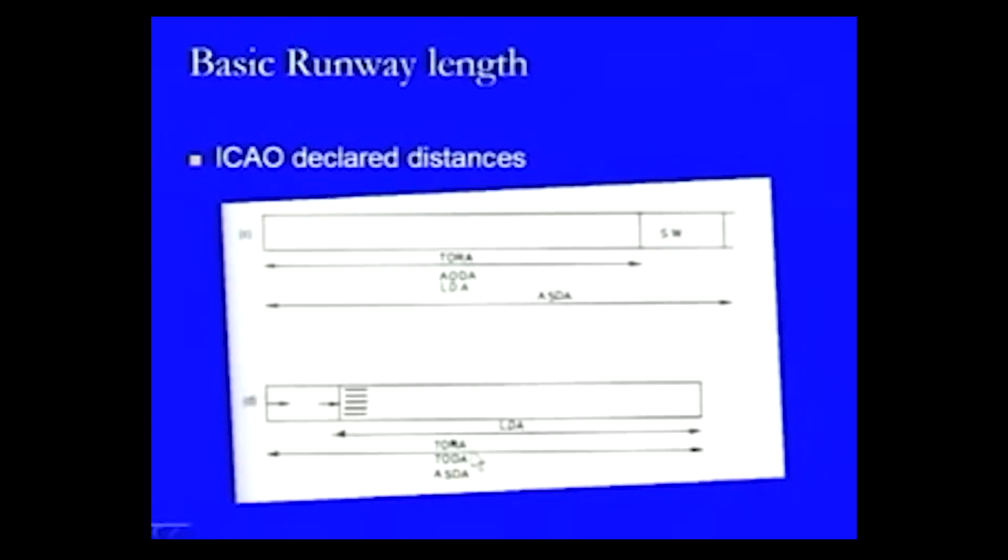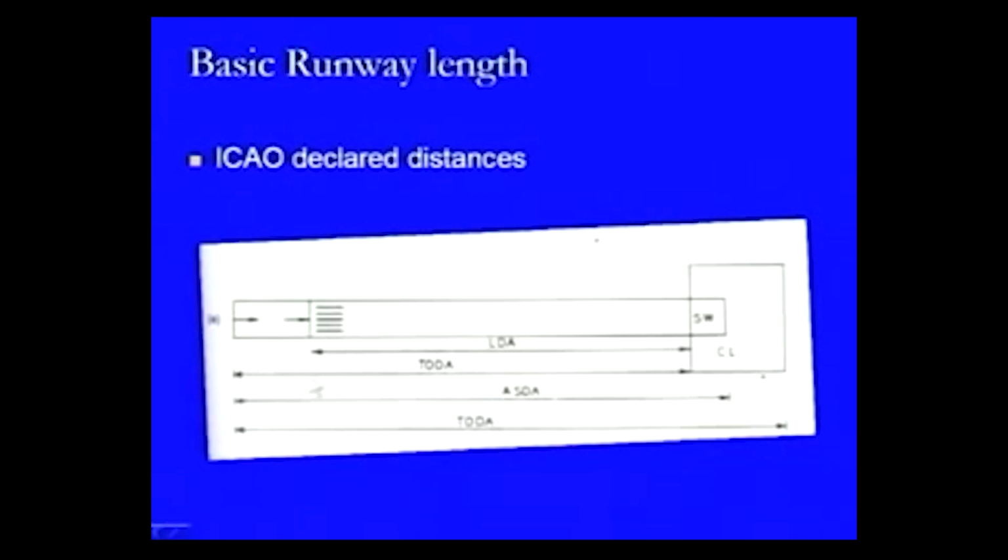In the fourth case which we just discussed, a displaced threshold is being provided, meaning instead of starting from this point, the runway is assumed to start from this point, and therefore lift off distance available will be computed from this point onwards instead of this point onwards, whereas the takeoff run available will be assumed from the initial location only, and that is again going to be equivalent to TODA and ASDA.